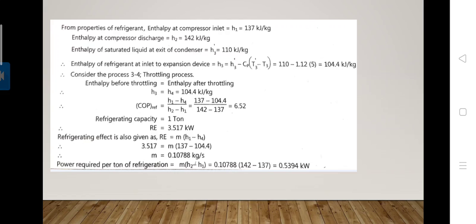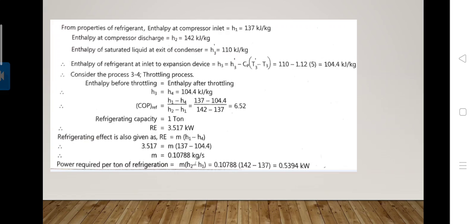So we can calculate the enthalpy of refrigerant at inlet to the expansion device, that is 104.4 kilojoule per kg. Now we consider the process 3 to 4 a throttling process, and so the enthalpy before throttling is equal to the enthalpy after throttling.